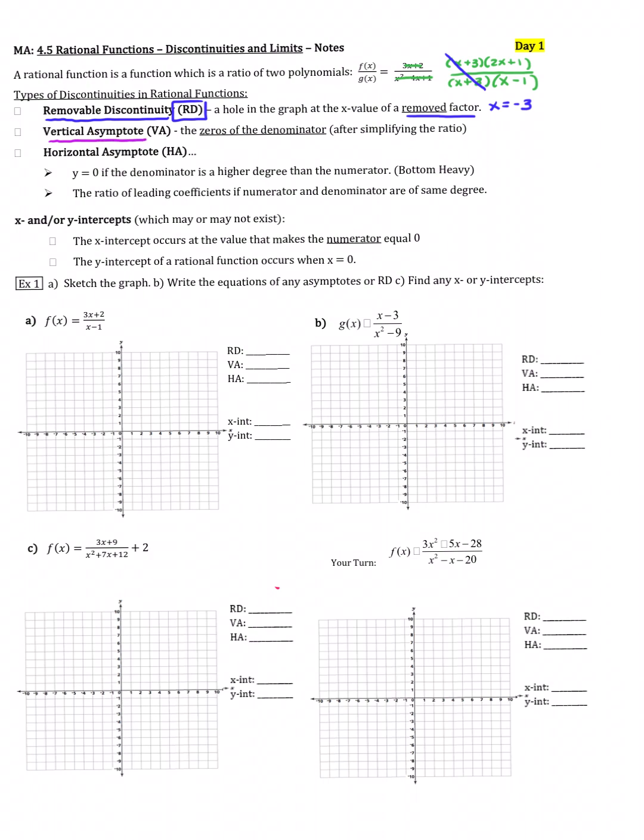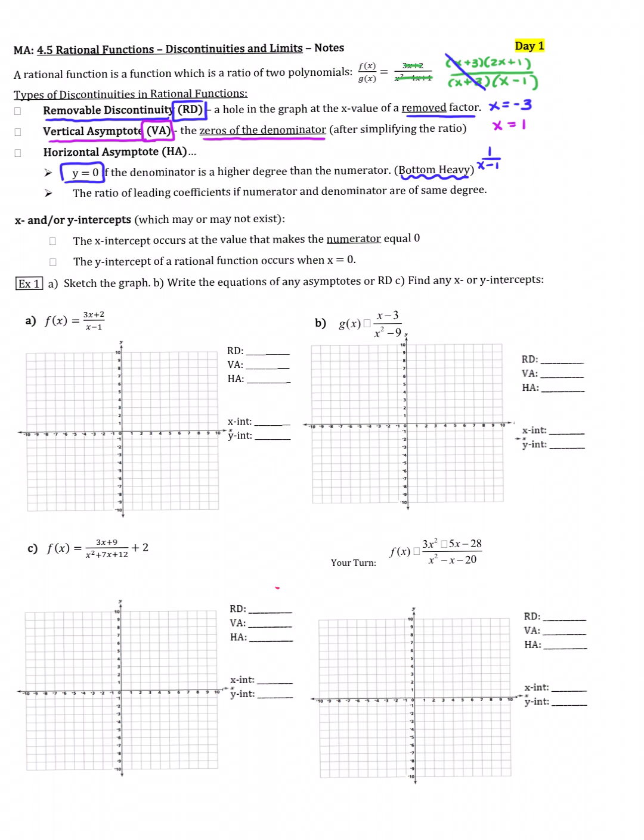Your vertical asymptote, which I abbreviate VA, is going to be the zeros of your denominator after you have simplified. So we would have a 0 at x equals -1 in that graph. Then your horizontal asymptotes: there are two types. You have y equals 0 if what you have left is bottom heavy. That would look something like 1 over x minus 1.